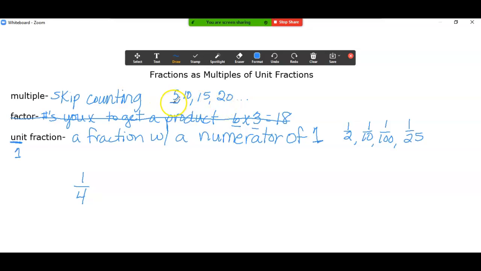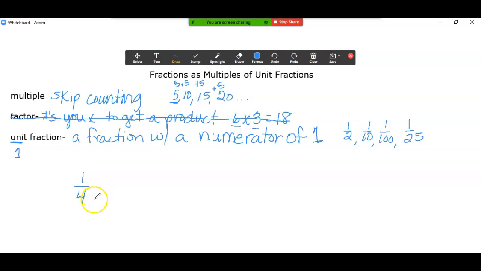I was counting by 5, wasn't I? So every time I went to my next multiple, really that's like saying 5 plus 5 is 10, 10 plus 5 is 15, 15 plus 5 is 20, and so on.